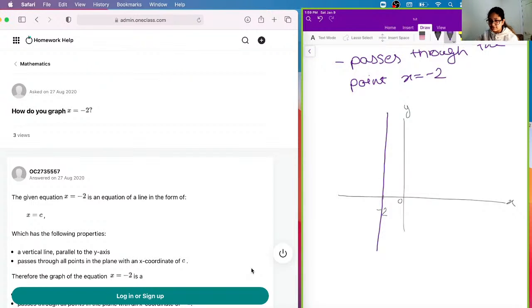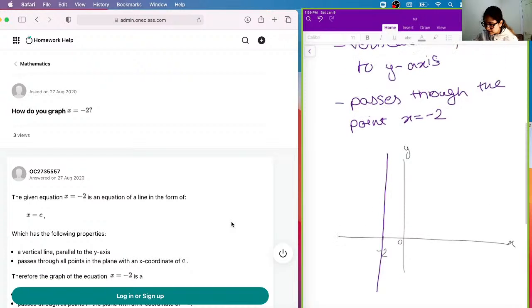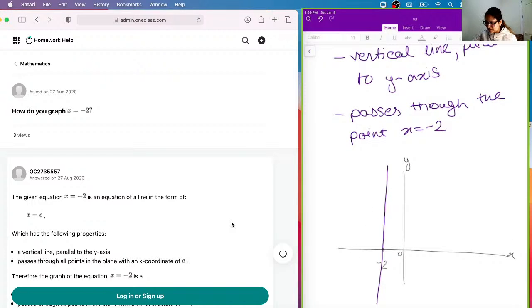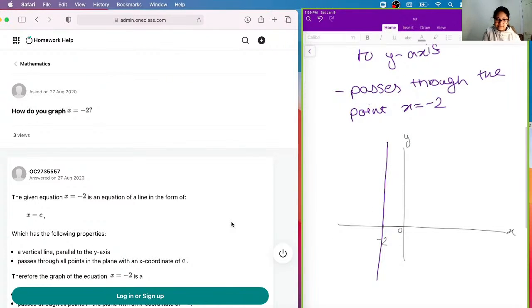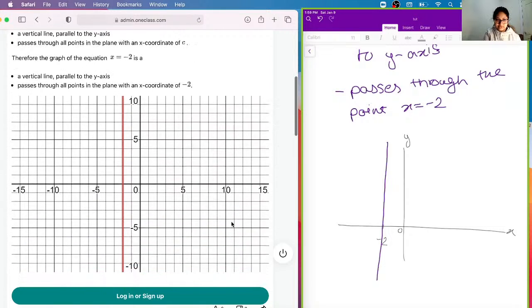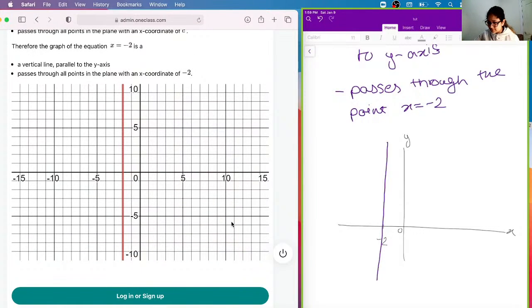It would be one vertical line. And it would look something like this. Since you can see it's vertical and passes through the point x equals -2 and is parallel to the y-axis, this is roughly how it looks.